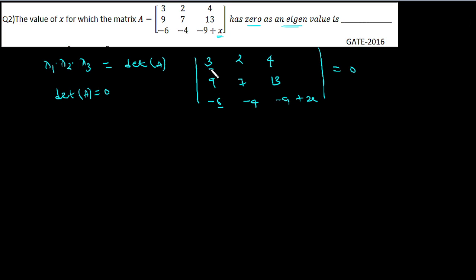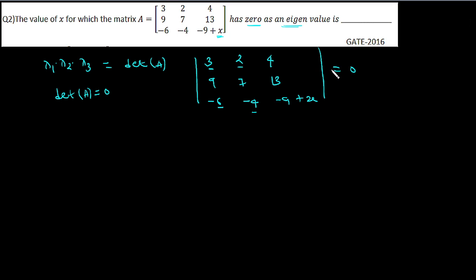Here we have plus 3, here we have minus 4, here we have plus 2. If we multiply this first row with minus 2, then we get minus 6, which is the same as this one. Here we get minus 4, which is again the same as this element, and here we get minus 8.